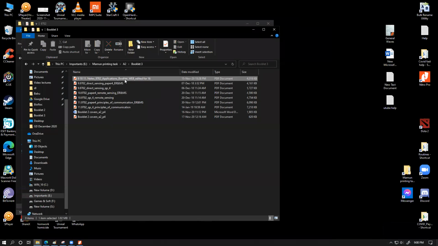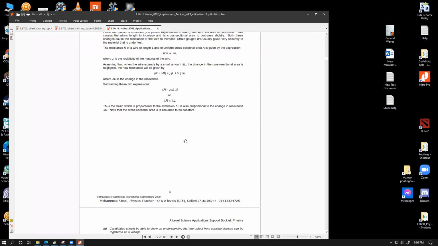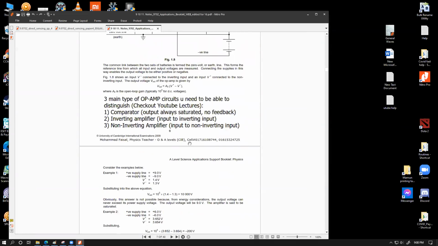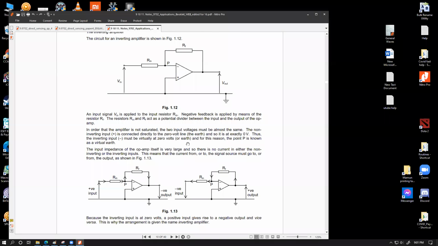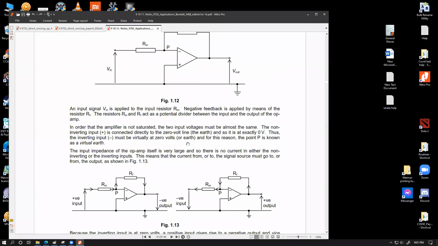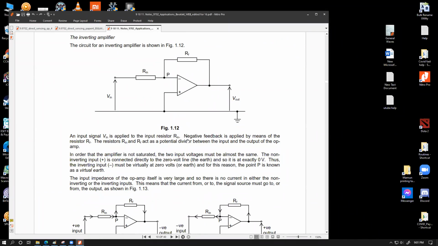Sure. So you're asking about this thing. The idea is that for the inverting amplifier circuit, the non-inverting input V plus is always fed from ground, so it is always 0.